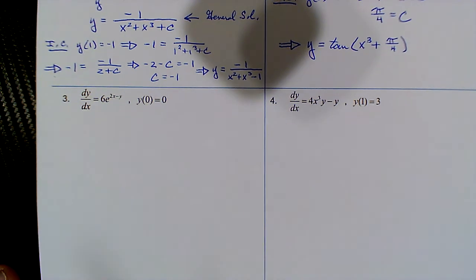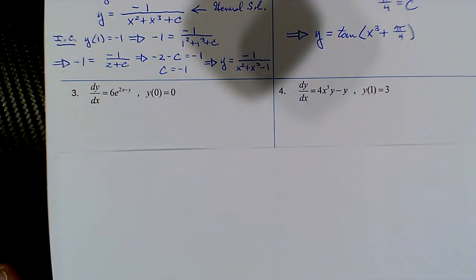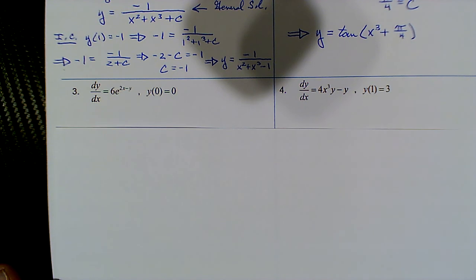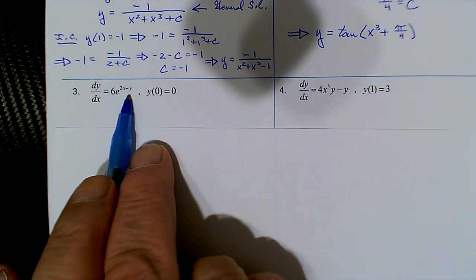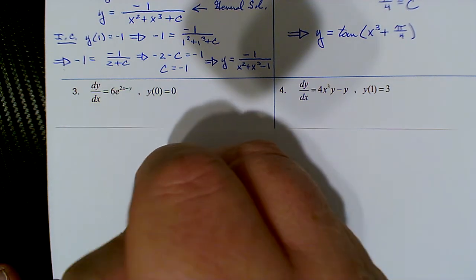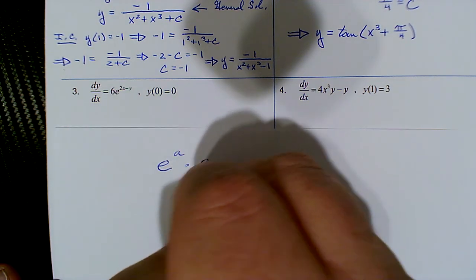So that's a little trick to break that down to be a product of a function of x and a function of y. So we'll write 2y dx equals 6 e to the 2x times e to the negative y. I'll go to differential form. So dy equals 6e to the 2x e to the negative y.